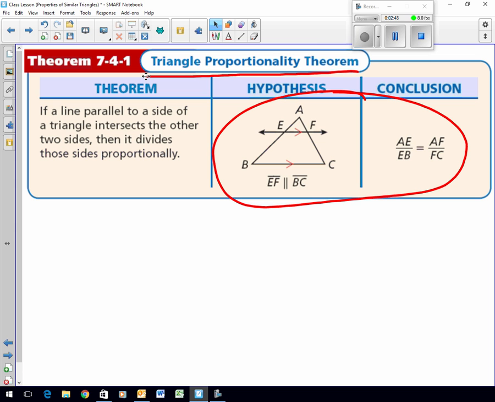Well, that's pretty easy. Along those other two sides that it intersects, the distance from A to E over the distance from E to B is proportional to the distance from A to F over the distance from F to C. Okay? Triangle proportionality theorem.